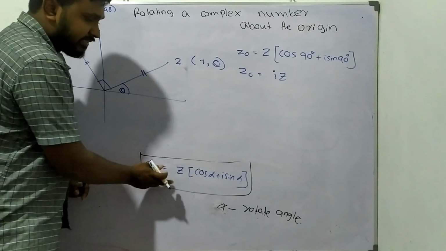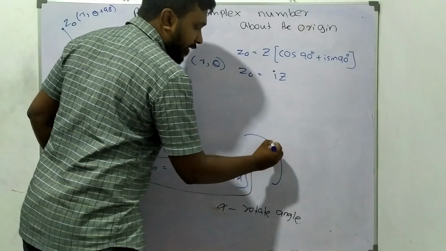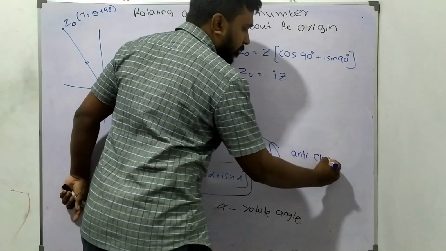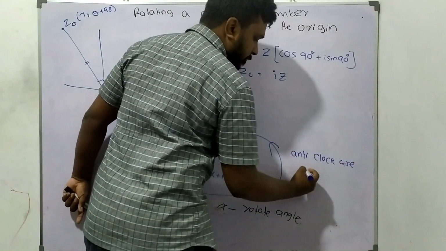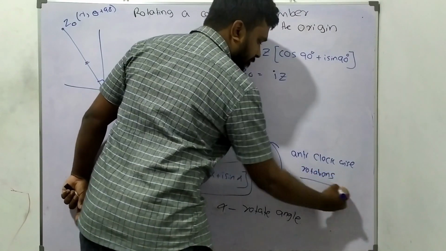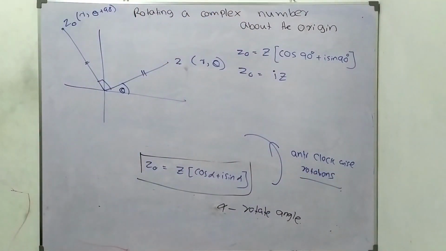Always remember this theorem applies only to anti-clockwise rotation. You can't rotate in the clockwise direction because the main z1 into z2 theorem will be violated. So always rotate in the anti-clockwise direction.